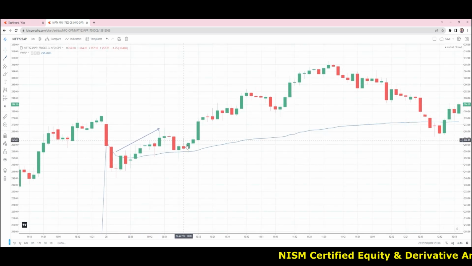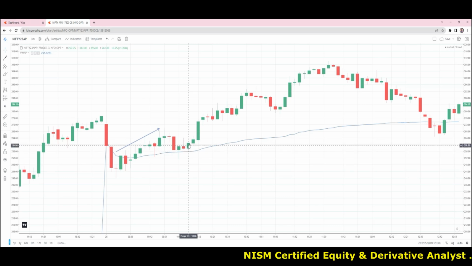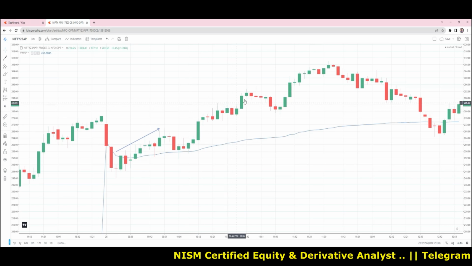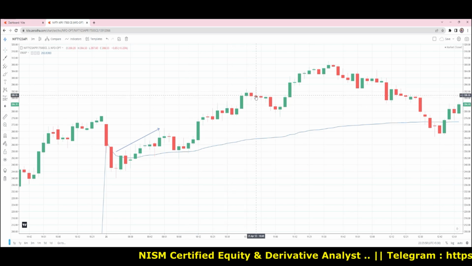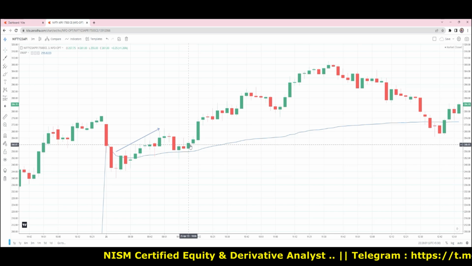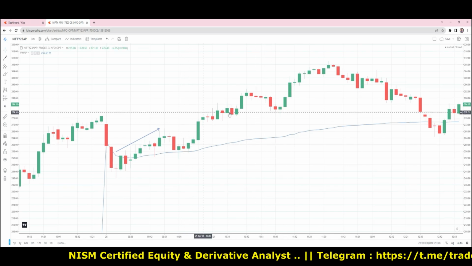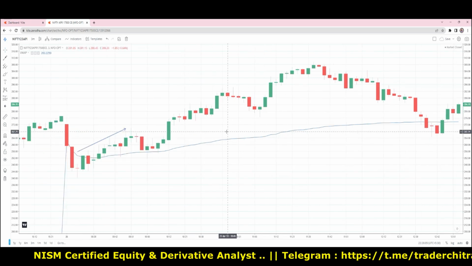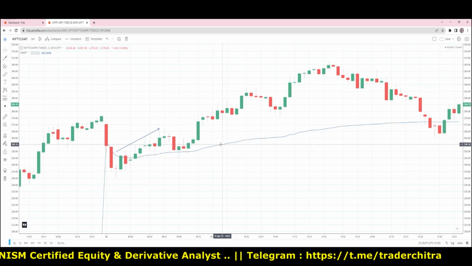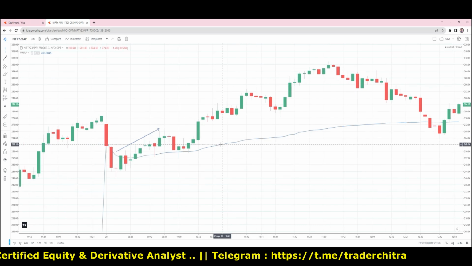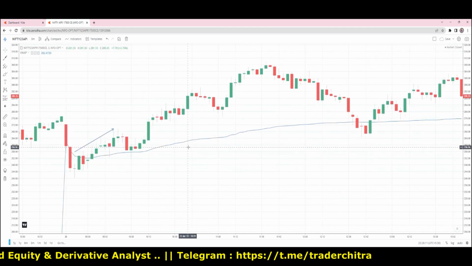So again, Nifty retraced to VWAP, and above this green candle, we can again initiate a long trade. After that, you can see that Nifty made a high of 290 plus points. Okay. From 260 to 290 plus, that is 30 plus points we got in this particular trade. So as this is scalping, we will enter into the trade and we will exit the trade after booking the profits. Okay.